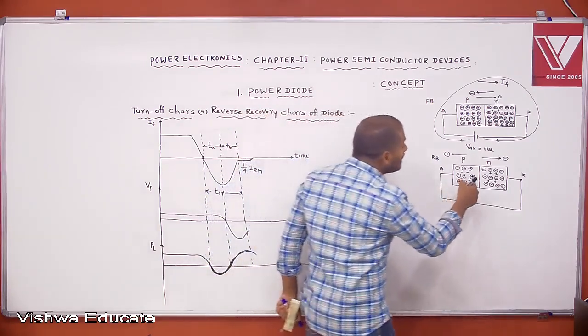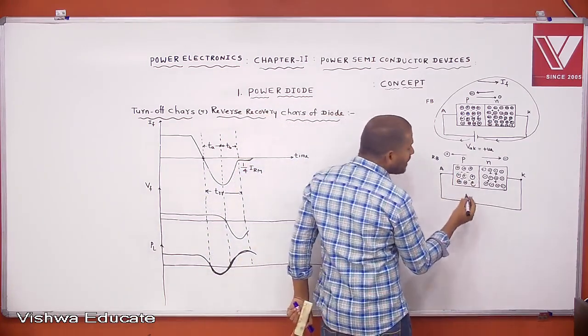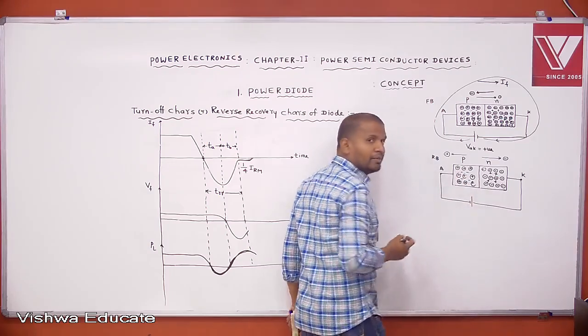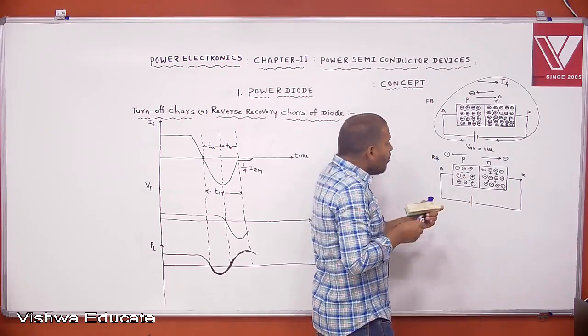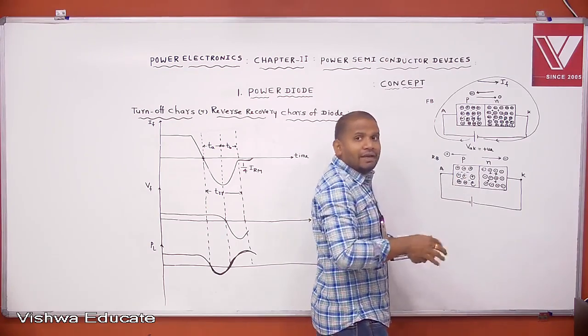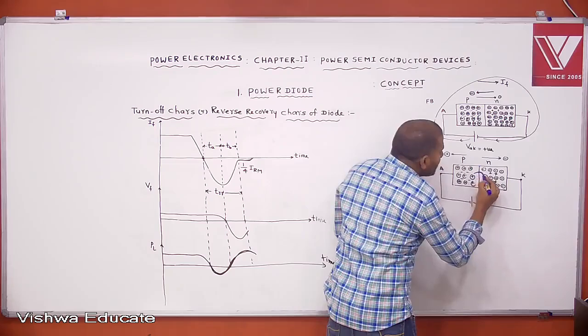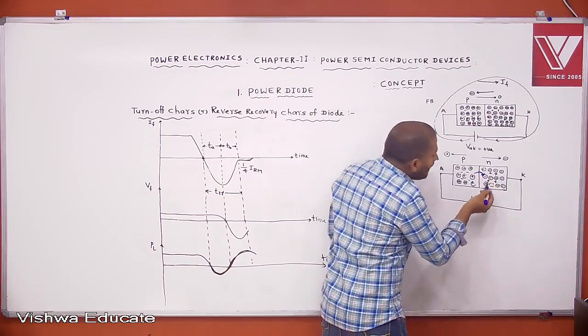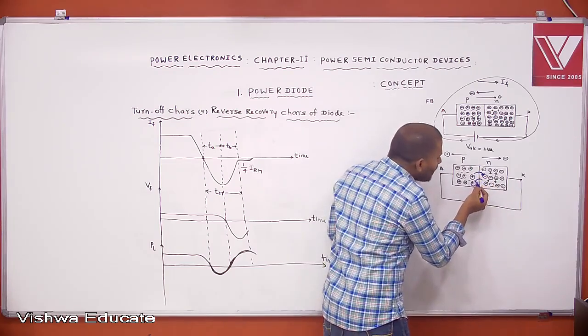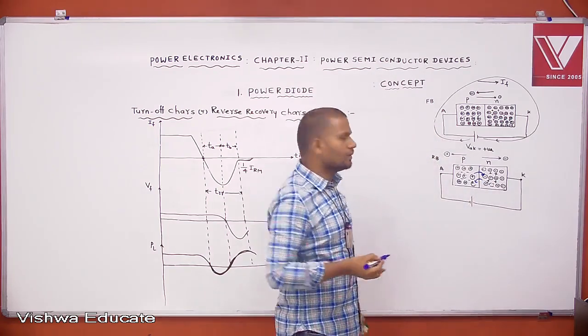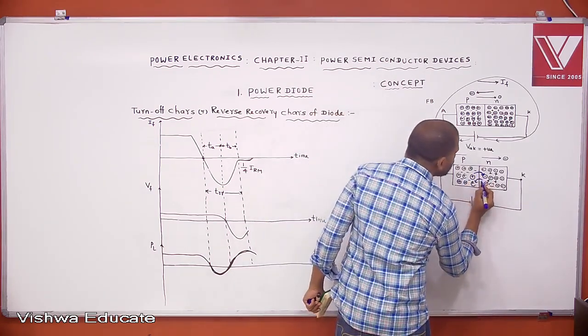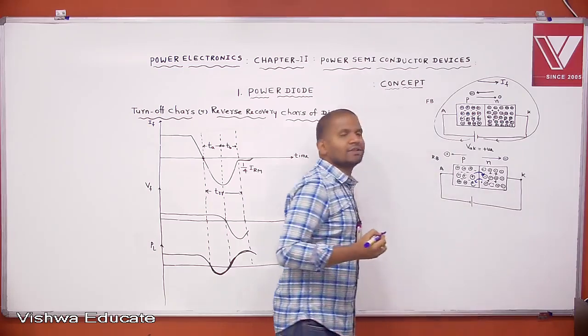Which carriers are crossing the junction? Because of this negative plate, whatever minority carriers are in the P layer are repelled from the negative plate and cross the junction. Again, these minority carriers are crossing the junction. This negative is crossing the junction, this positive is crossing the junction.